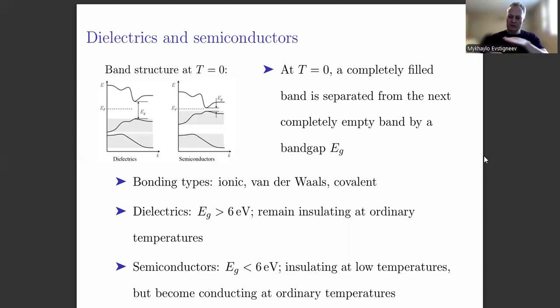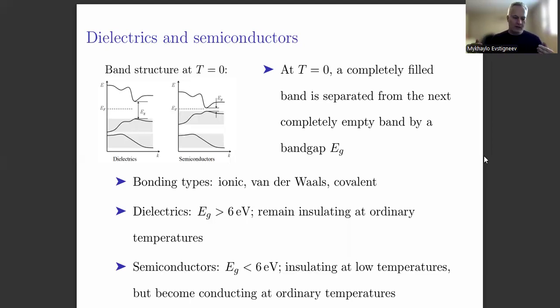So in graphite, you have layers of graphene, with carbon atoms forming this honeycomb structure. Within each layer, the atoms are bound by covalent forces, through sp2 hybridized orbitals, which form covalent bonds. But the layers themselves are bound together by weak van der Waals forces.